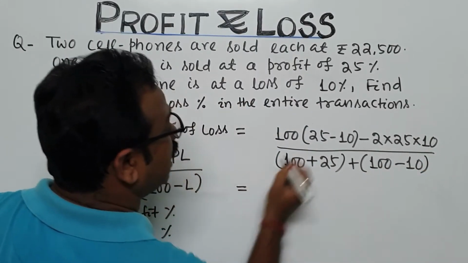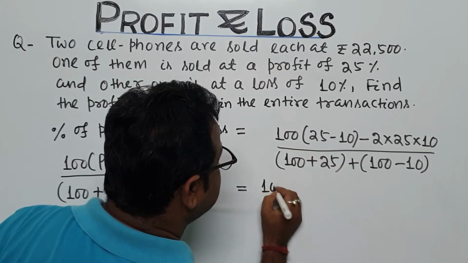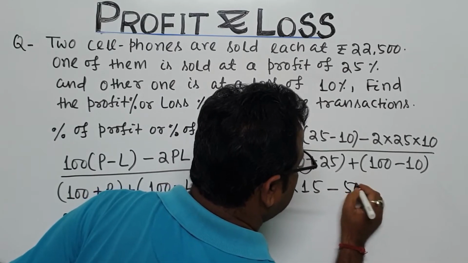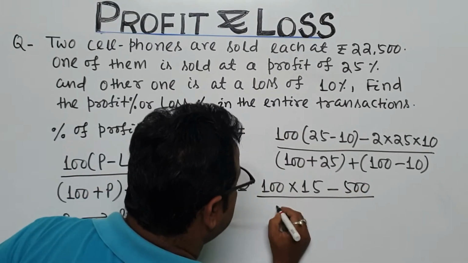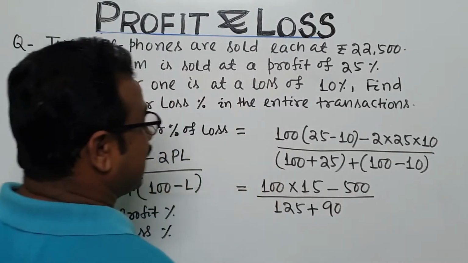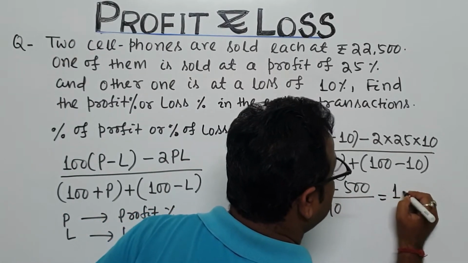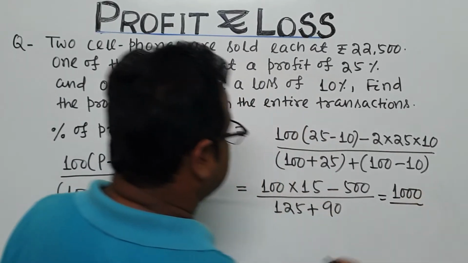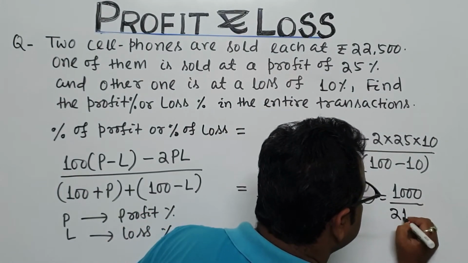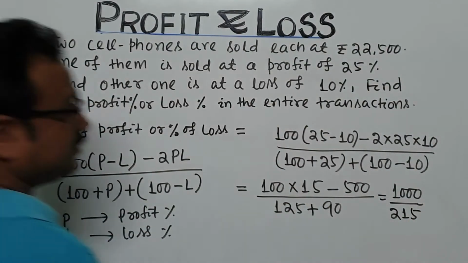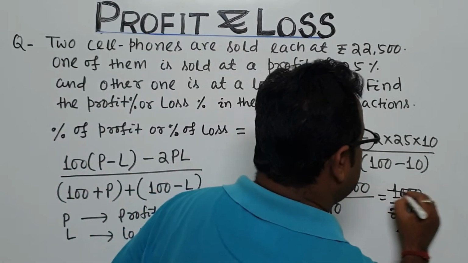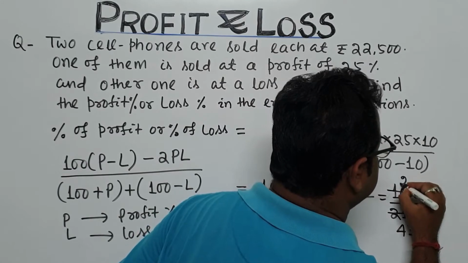So that is equal to 100 into (15 minus 5) by 125 plus 90. Then that is coming 1000 by 215. Now we will cut it by 5. By 5, 215 is coming 43, and 1000 is coming 200.